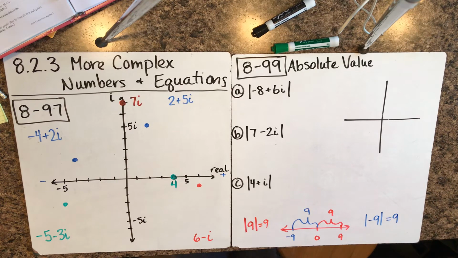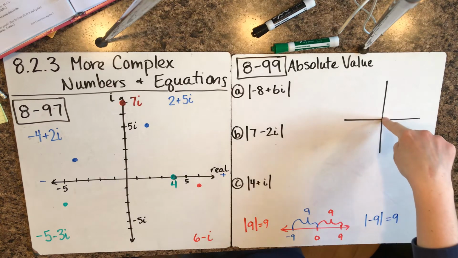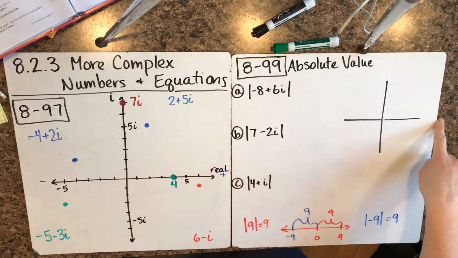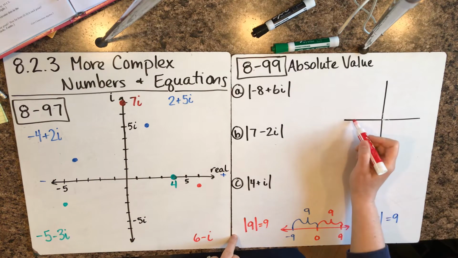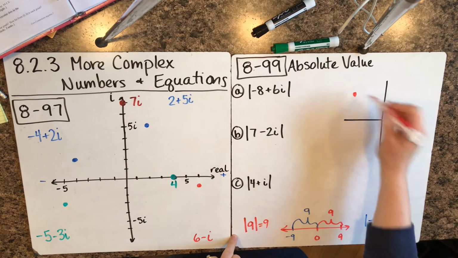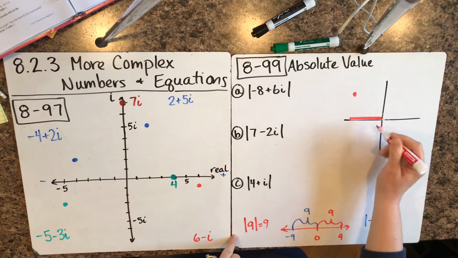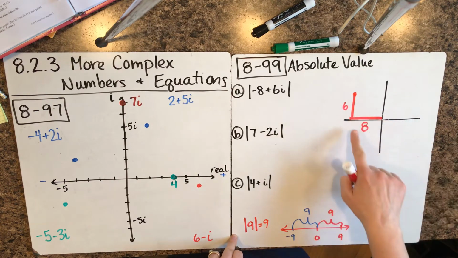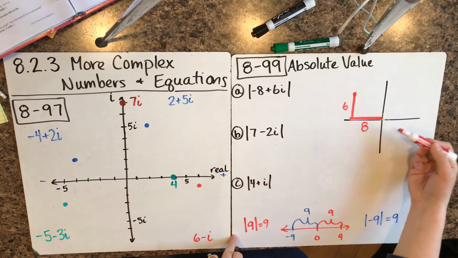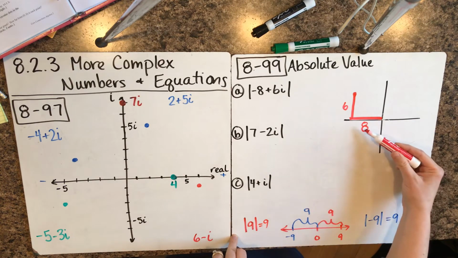Okay, so we're going to keep that in mind. Distance from 0. And we just talked about how to graph on the real and imaginary. So if I have negative 8 plus 6i, I'm going to go left 8 and up 6. Okay, I went left 8 and up 6. Now, because I'm talking about distances, even though I went left 8, I don't really care that it's negative.